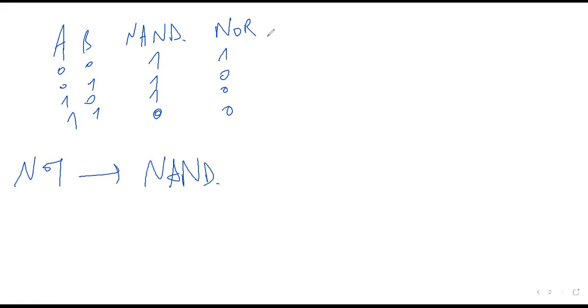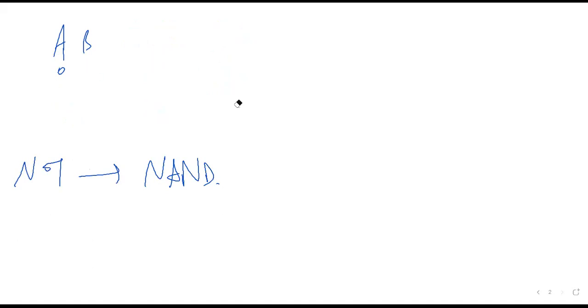I know when I see one, this is how it looks like. So here we have a NAND. Voila, this is a NOT gate. If I have an input A here, the output is A bar.